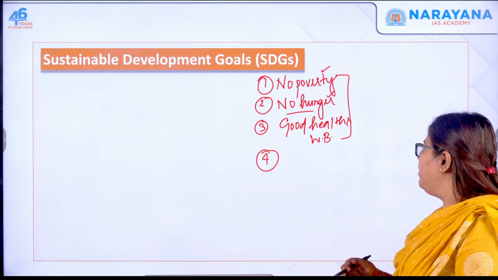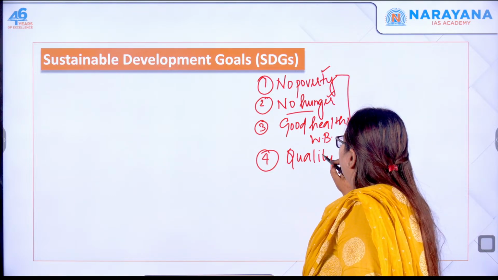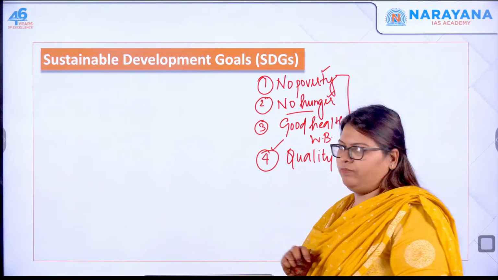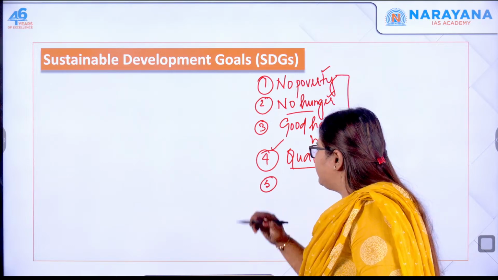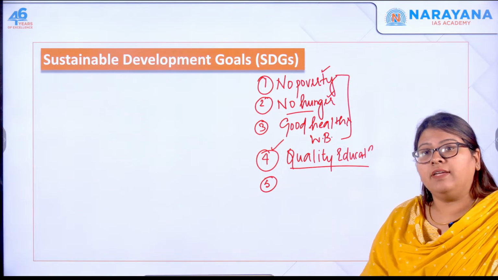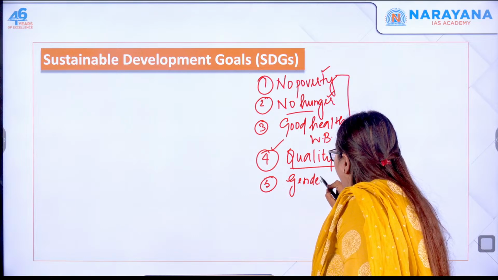We will focus on quality education, so this is SDG 4. When quality education is there, what happens if you go to school as a woman or as a girl? Then there is gender equality. So at school there is gender equality.